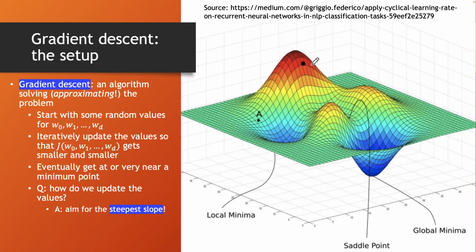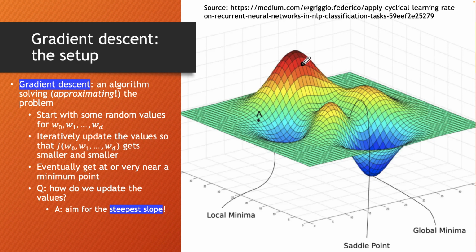Then in each step, the algorithm is going to check the position in the landscape and check in which direction I have the steepest descent. On this landscape, it is as if you are on that part of the mountain and you are looking to see in which direction you have the steepest descent over the next step.